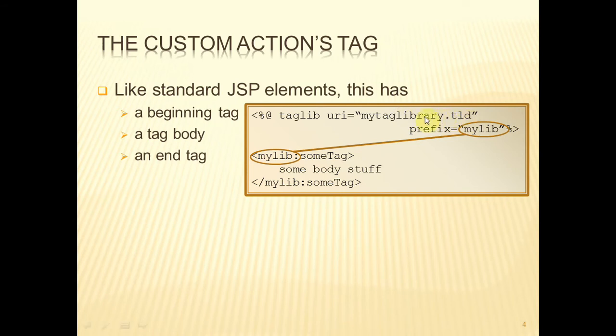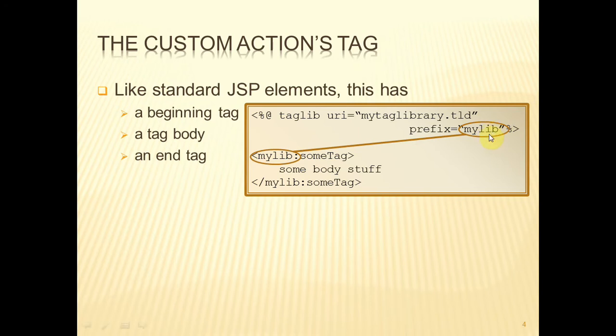And as well as that address, we have a prefix. That prefix is something that will be used within this page to indicate which library we're going to use, because we could have several of these tag lib directives within the page, and therefore we would want to identify which of the several libraries we're using by using its prefix.